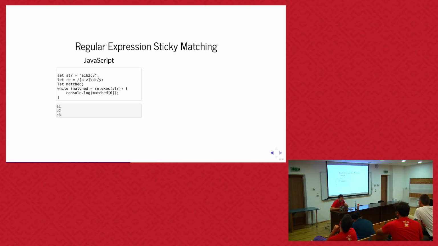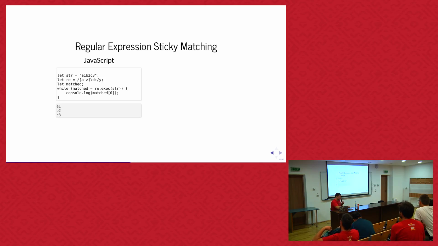Okay, and JavaScript now has a new feature called, by such long words, regular expression sticky matching. Basically when you match the same string several times, and the regular expression has the Y flag, each consequent match returns the next result. So it matches A1, then B2, then C3, a character and a number.